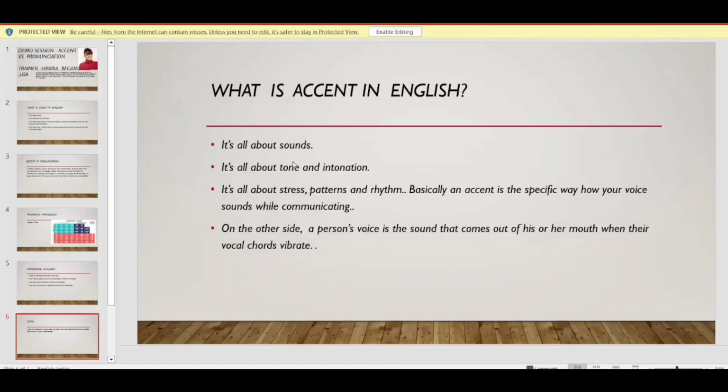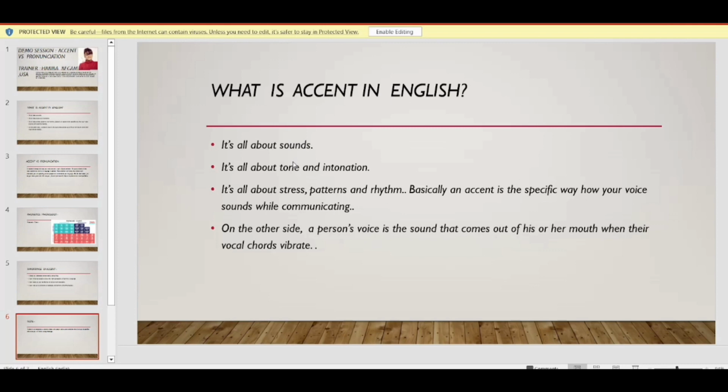So today I have decided to emphasize this topic so that students can understand exactly what accent is and what pronunciation is. The video is going to be very interesting and very learnable. So my humble request, please watch the video till the end. Now let's get started. The difference between accent and pronunciation.